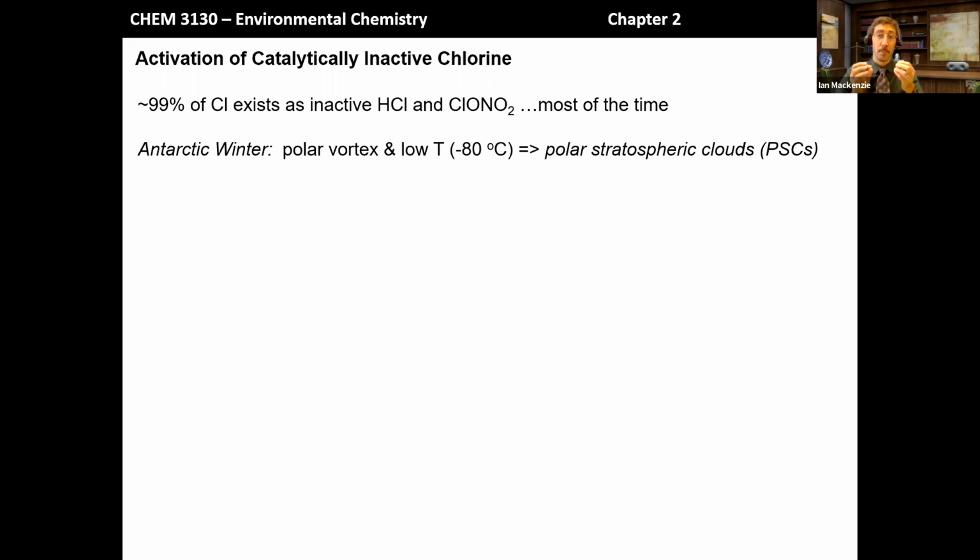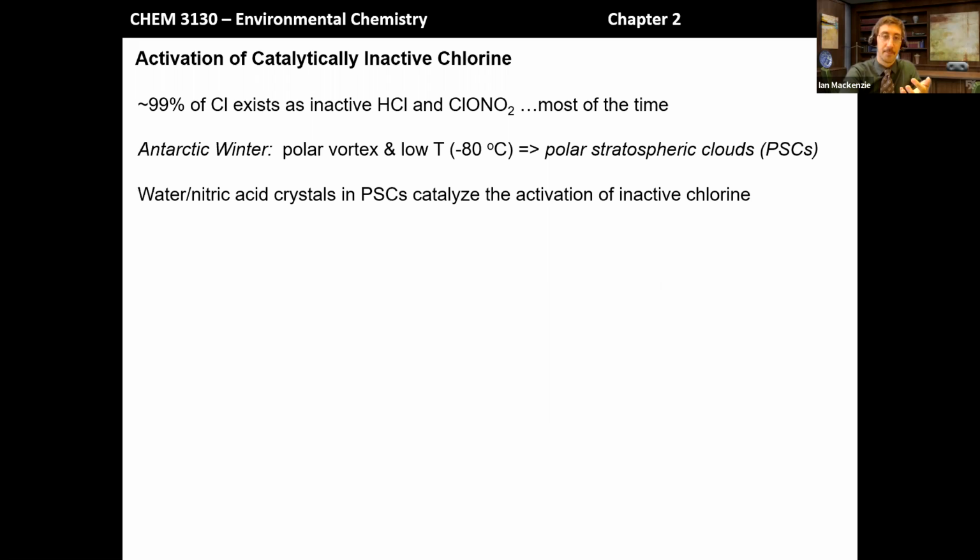And we start to form these polar stratospheric clouds, which are composed of particles that are primarily ice particles with some nitric acid. And on these water and nitric acid crystals in these polar stratospheric clouds, these catalyze the activation of inactive chlorine, and it occurs through several reactions.